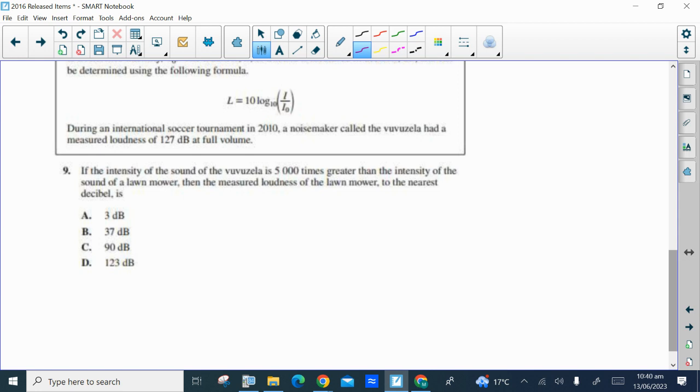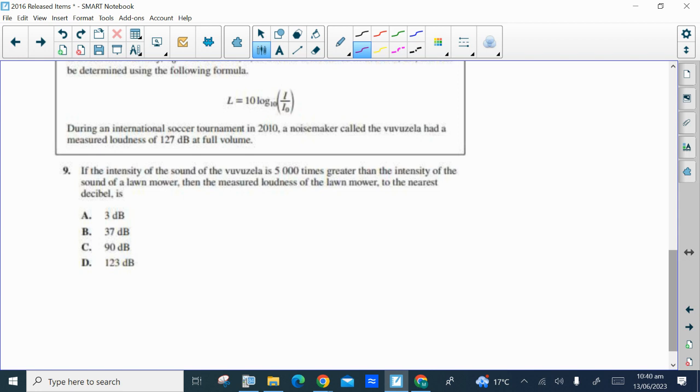And so we have to use the quotient law of logarithms, because quotient is division. But remember, the quotient law of logarithms actually involves subtraction.